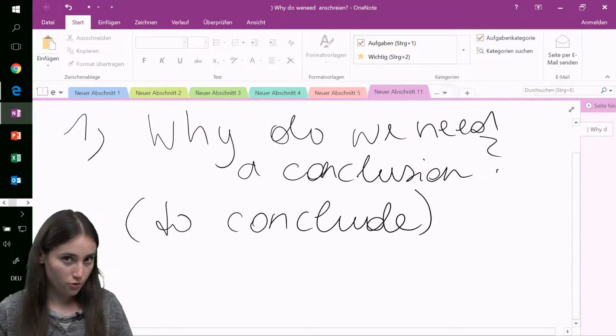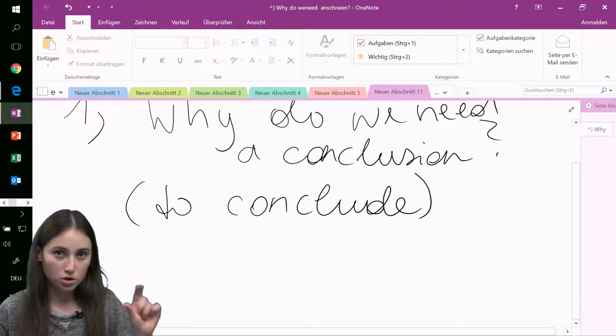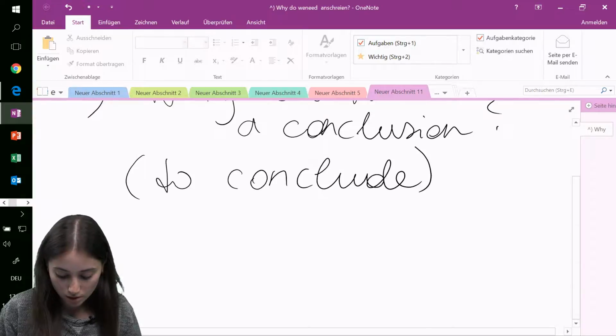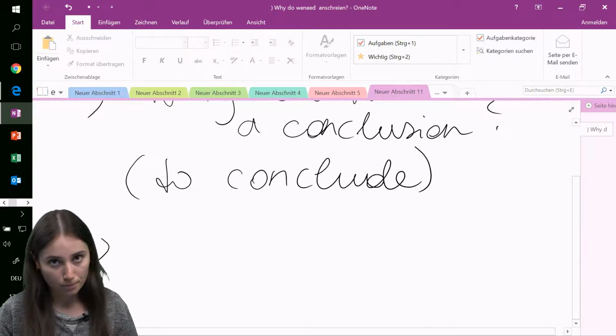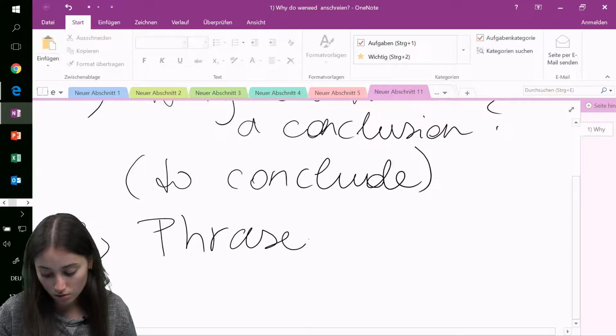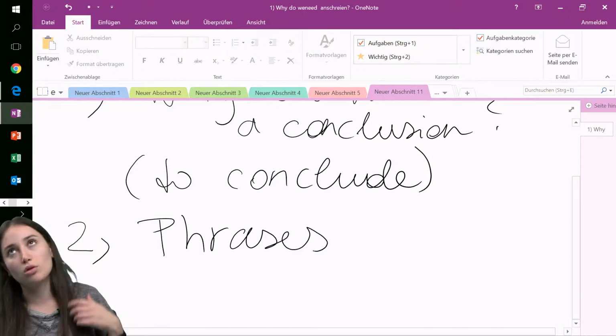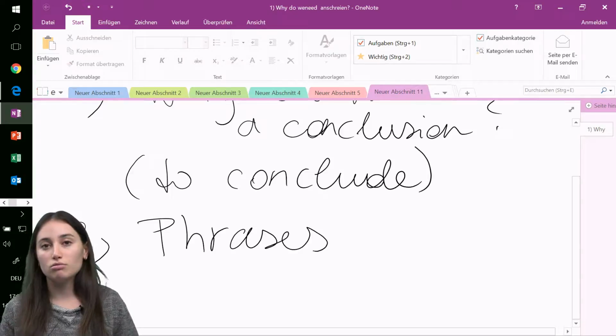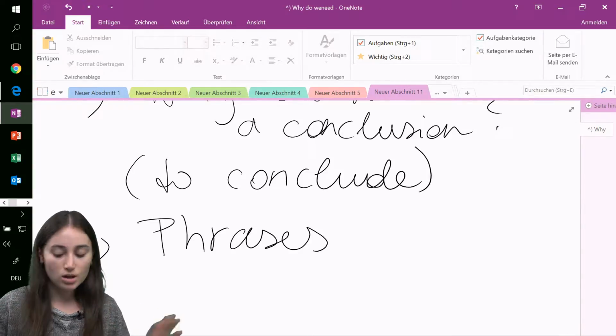Then we're going to look at some phrases which you may use, for example, to sum up, to conclude, in conclusion, as a summary, and so on.